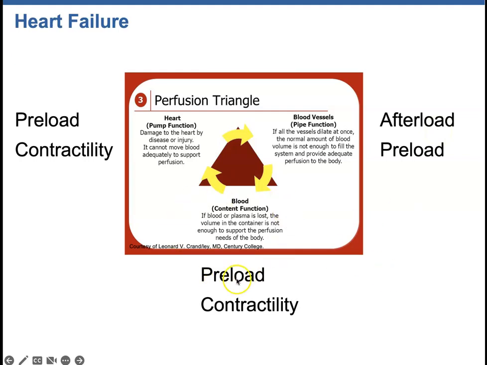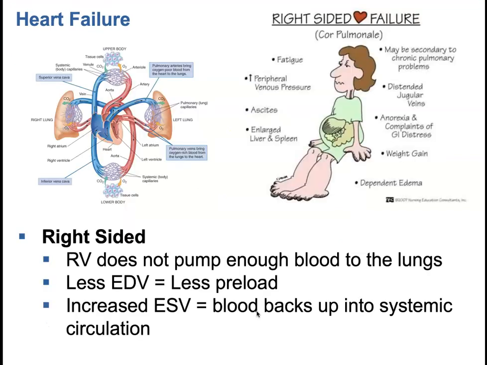And then the amount of blood that we have is going to directly impact preload, because remember, preload is dependent on how much blood returned to the heart and the stretch that took place in the heart. And then contractility is impacted because when the heart stretches, it can contract more forcefully. So if you decrease preload, you decrease venous return, it's going to decrease contractility.